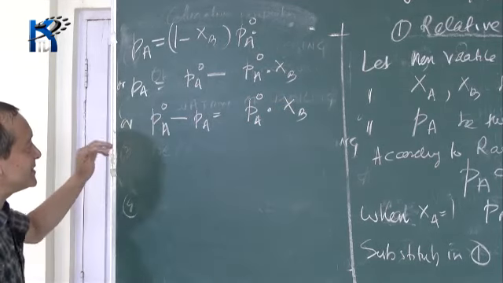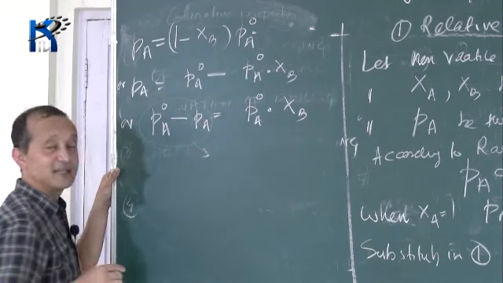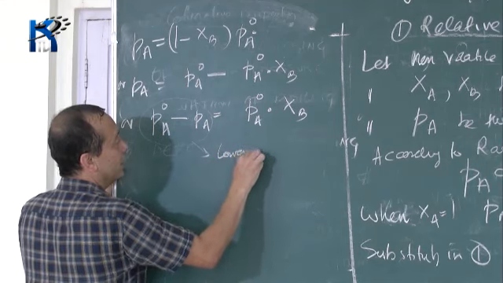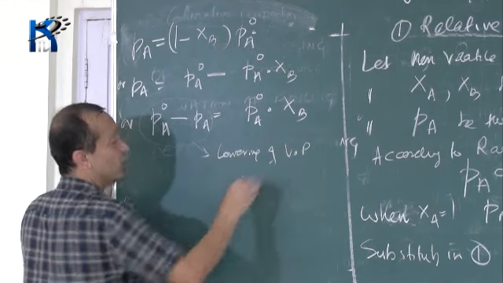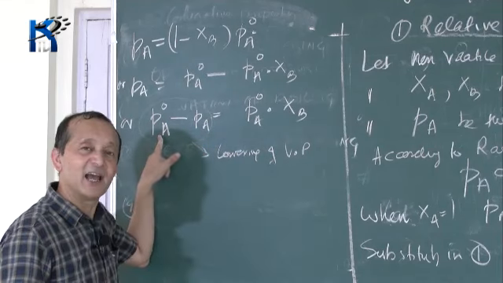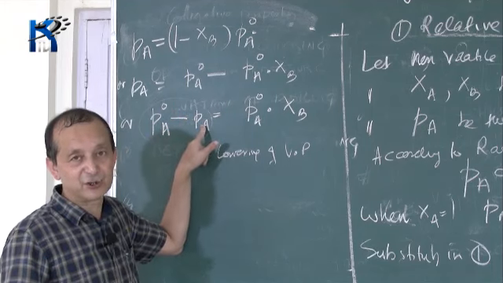Now see, what is this? This represents lowering of vapor pressure. Why? Because PA naught is the vapor pressure of pure liquid and PA is the vapor pressure of solution.